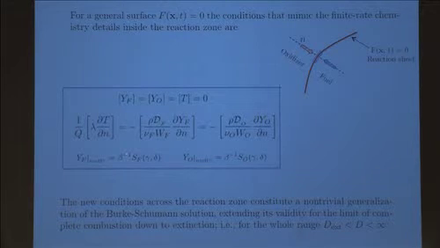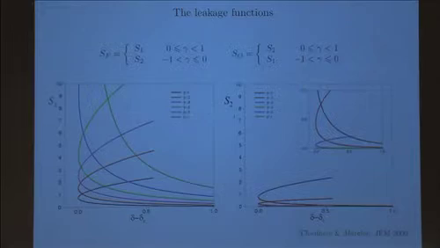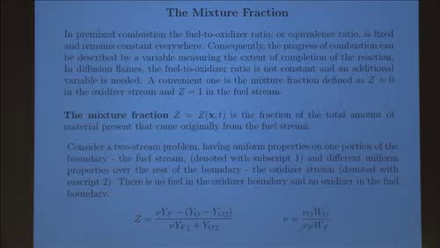And it's small because the fuel and oxidizer leakage is multiplied by beta minus 1, which is the small parameter, the inverse of the activation energy. So this is essentially something about the structure of the solution.